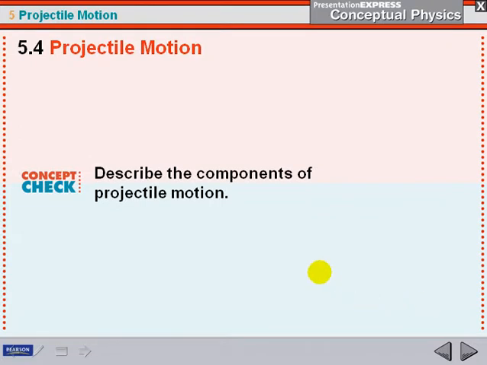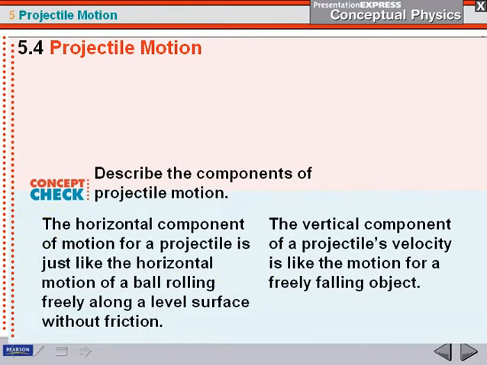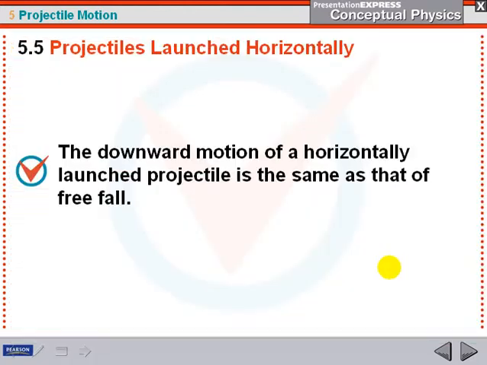So describe the components of projectile motion. The horizontal component is just like the horizontal motion of a ball moving along a level surface, and the vertical component of a projectile is like the motion of a freely falling object.